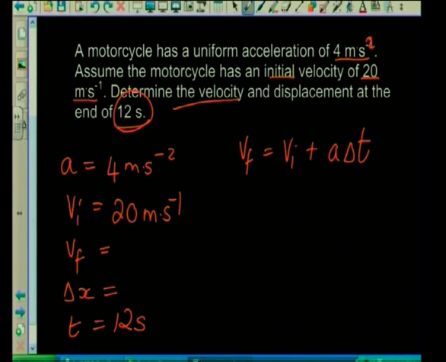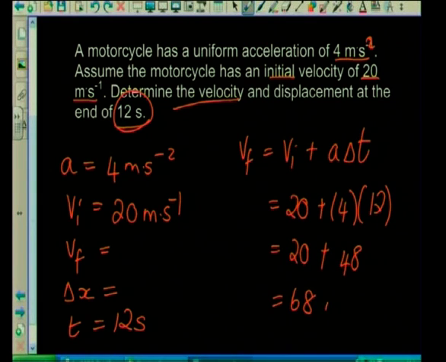VF is what I'm looking for. Great, we don't have to do any manipulation. So that's 20. A is 4. Time is 12. So we have 20 plus 48. 68 meters per second. It's going really, really fast, by the way.